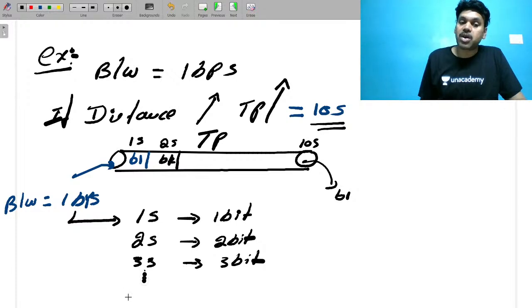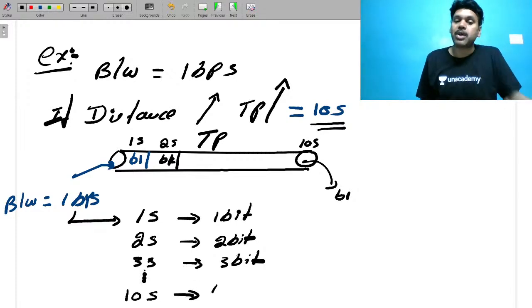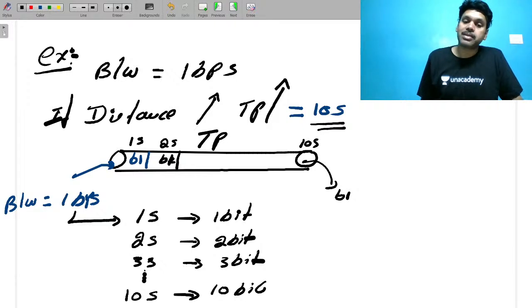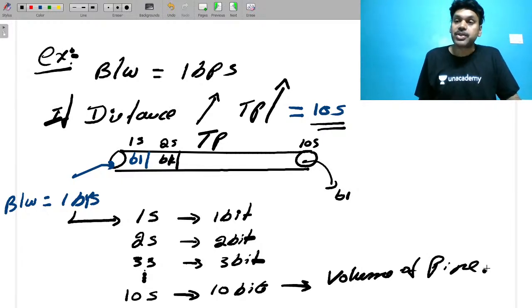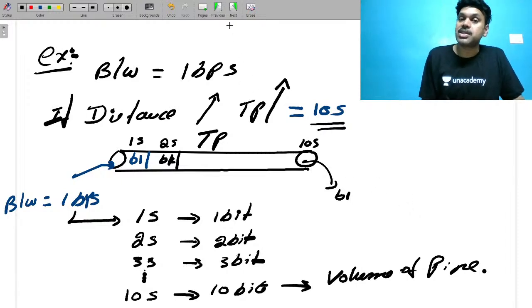Therefore, at the 10th second, the sender has filled the pipe with how many bits? 10 bits. This 10 bits is nothing but the volume of your pipe. Also called the number of bits that fit in the channel. Also called what? Line capacity, also called link capacity, or bandwidth delay product.